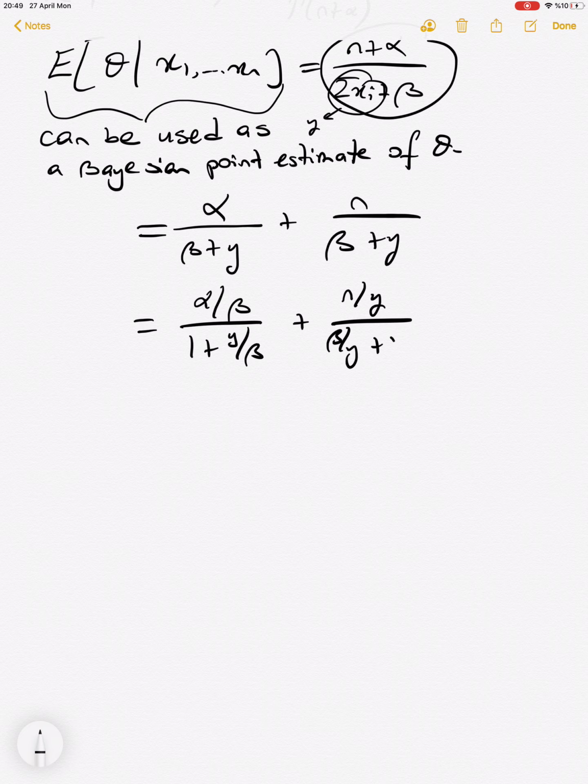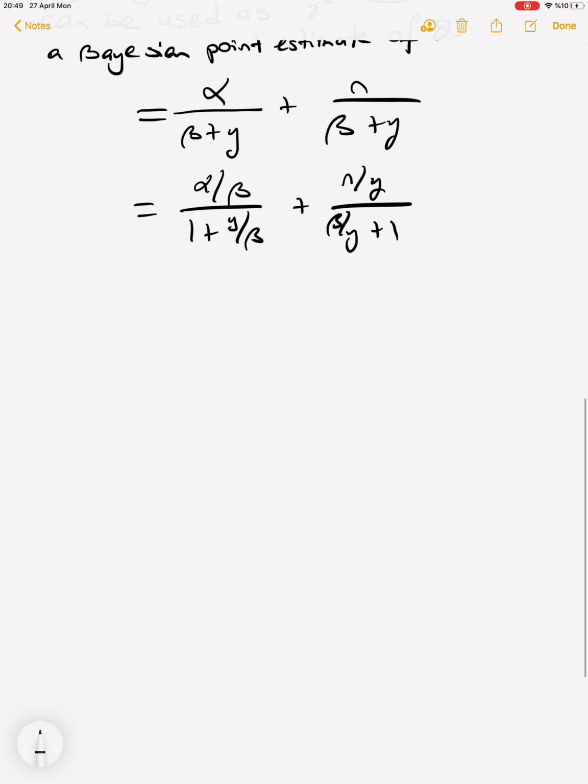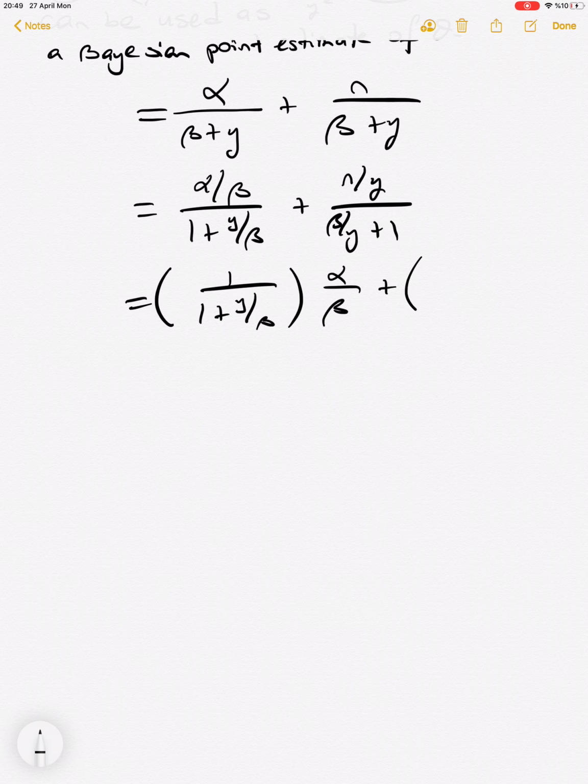You don't have to do this actually, but I have a point. So we have the mean of the prior distribution, alpha over beta, plus this term times n over y, and this was the MLE.